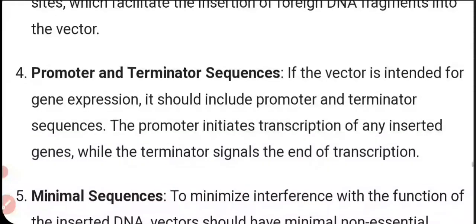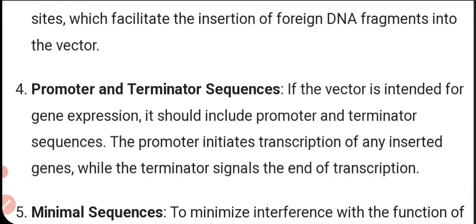Then the promoter and terminator sequence. If the vector is intended for gene expression, if you are going for expressing the genes, it needs to have promoters and terminators. The promoter will initiate the transcription of an inserted gene, while the terminator signals the end of transcription. This is a regulatory area, so promoters and terminators should be there if it is an expression vector.